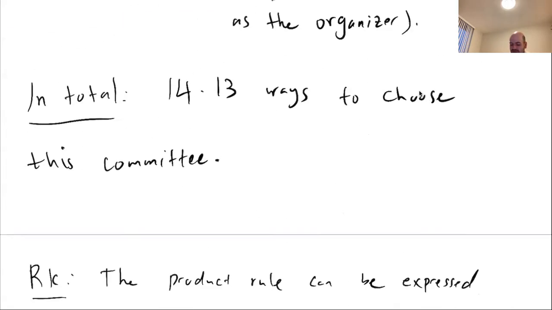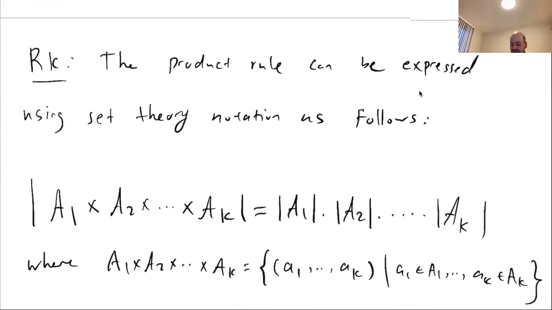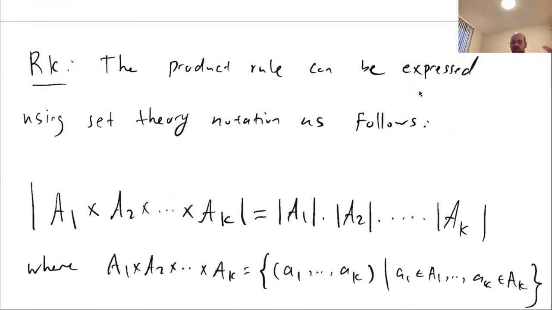So in general, if we have, let's say, K tasks, for task 1, you can consider A1, the set of all ways that you can perform task 1. For task 2, you can call the set of all these ways A2, and all the way to AK.